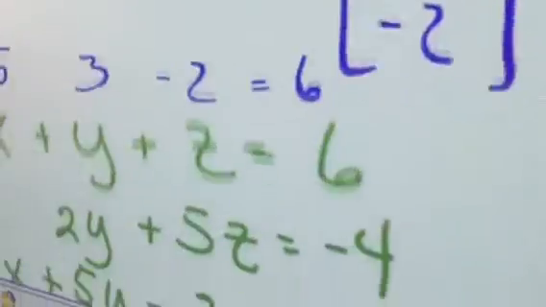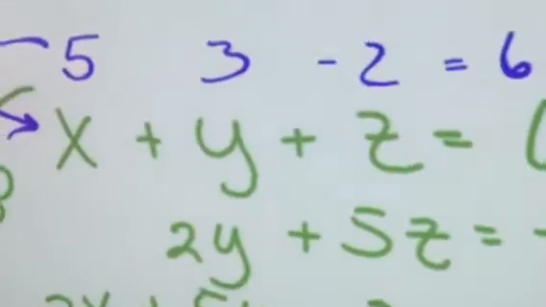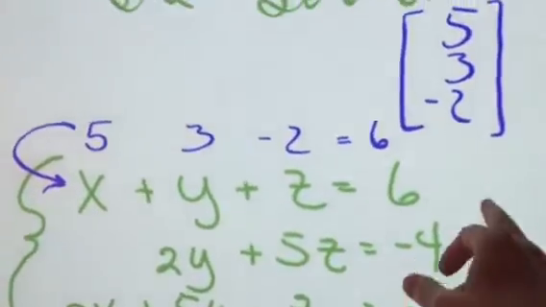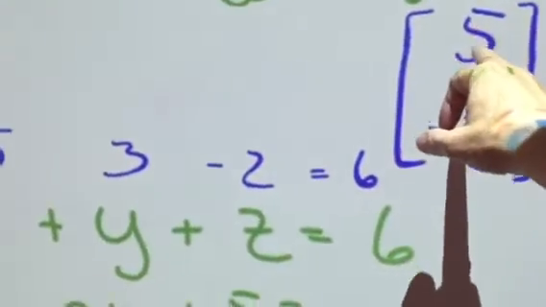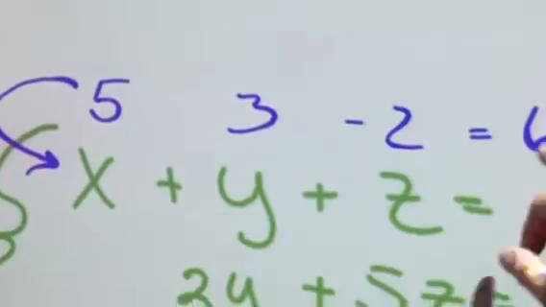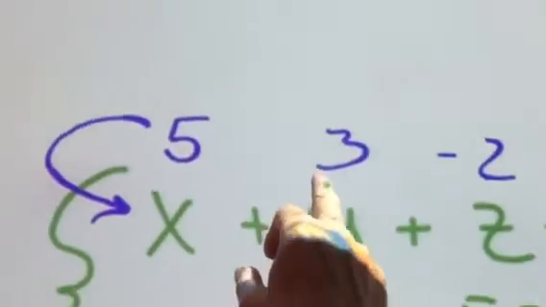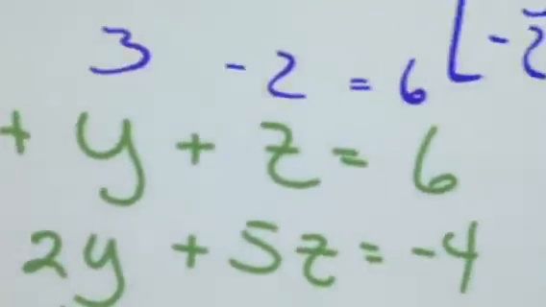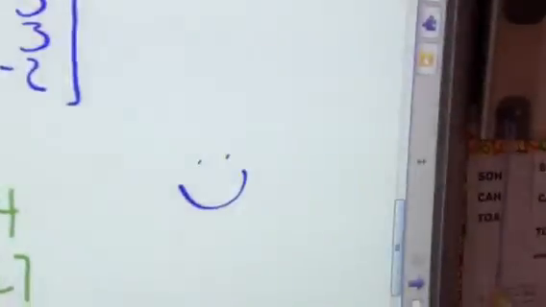And if I plug it into the original linear system of equations, 5 with x, 3 with y, -2 with z, 5 plus 3 minus 2 gives me 6, and that's what that was. So, life is good.